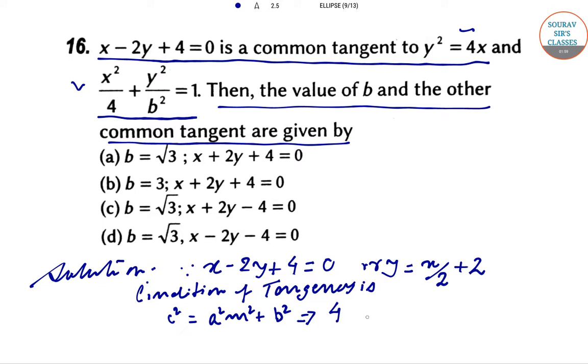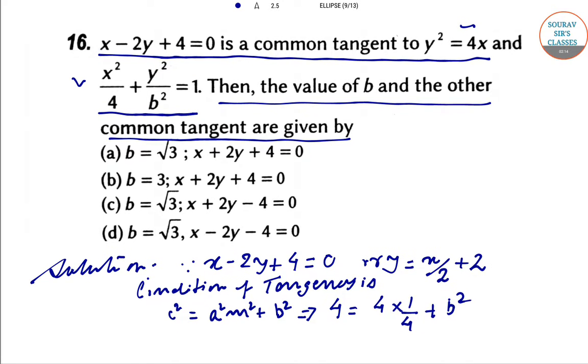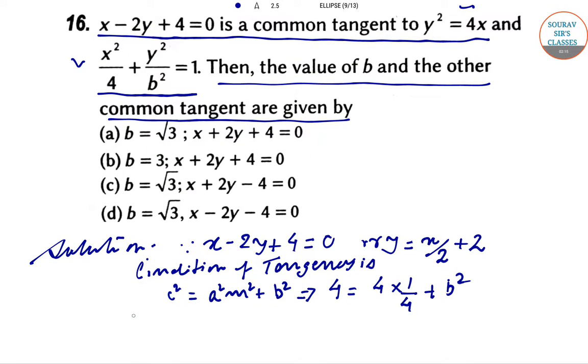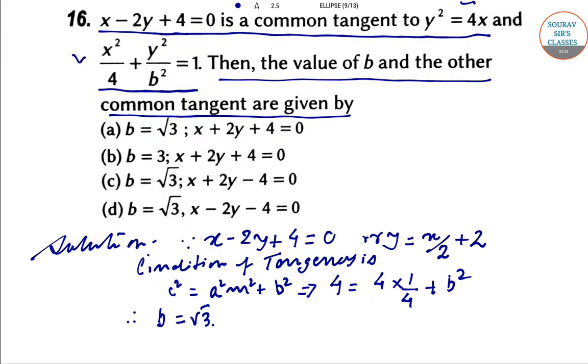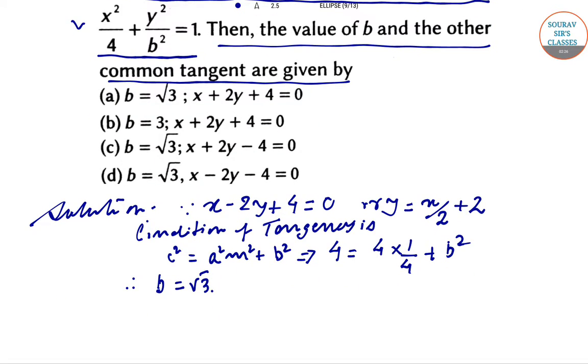Therefore 4 is equal to 4 into 1 by 4 plus b square, so therefore if you solve this, you will get b is equal to root 3. Now you got the value of b. Now go ahead.